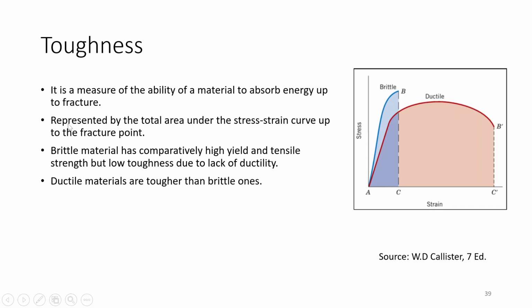It is represented by the total area under the stress strain curve up to the fracture point. Brittle materials have comparatively high yield and tensile strength, but they have low toughness due to lack of ductility, and ductile materials are tougher compared to brittle ones.